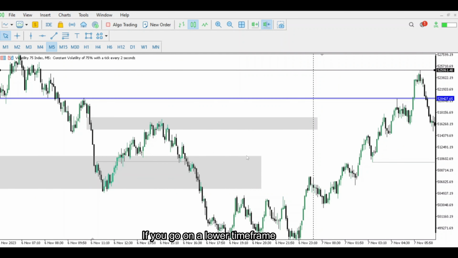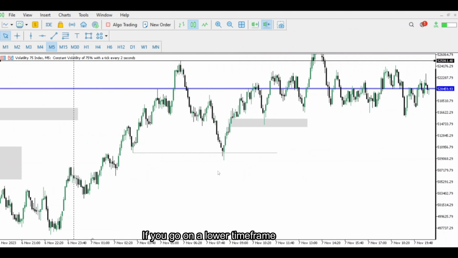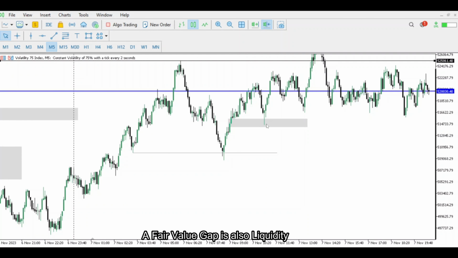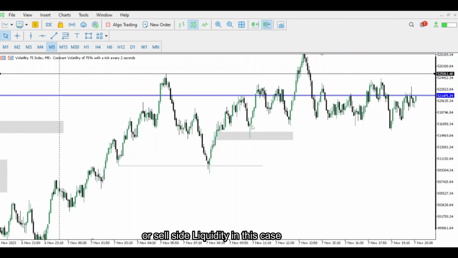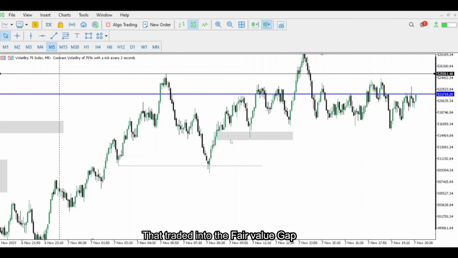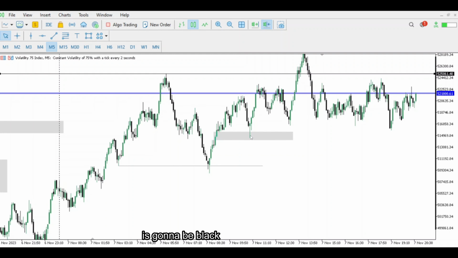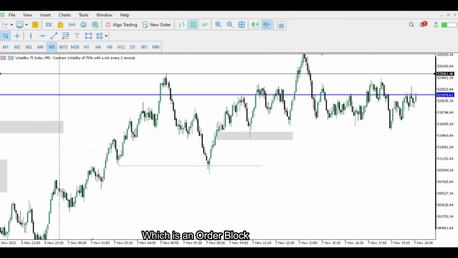If you go on a lower time frame, we had price trade into the favorable gap, which you also know that a favorable gap is also liquidity, or sell side liquidity in this case. So this is the candle that traded into the favorable gap. Because this candle is green, you know that the wick on a lower time frame is gonna be black, which is an order block.